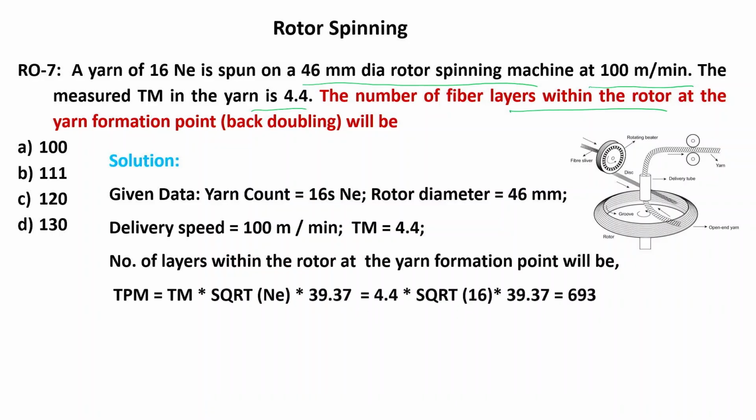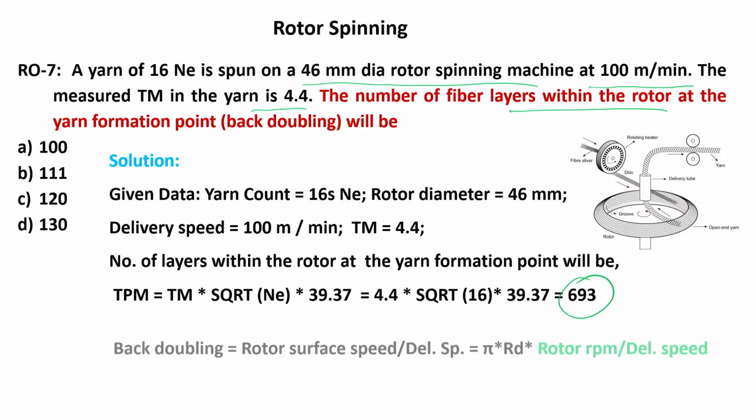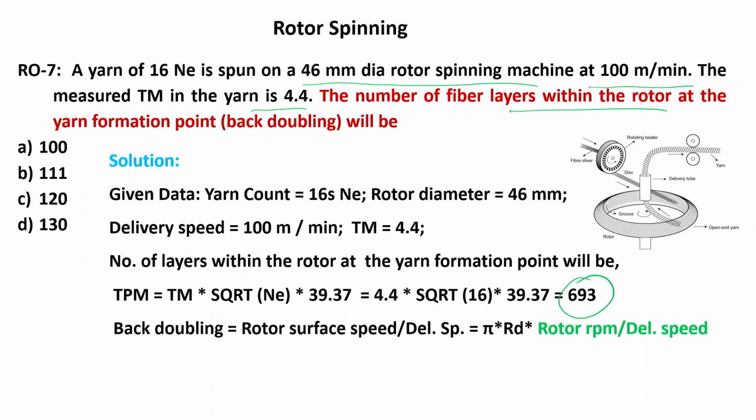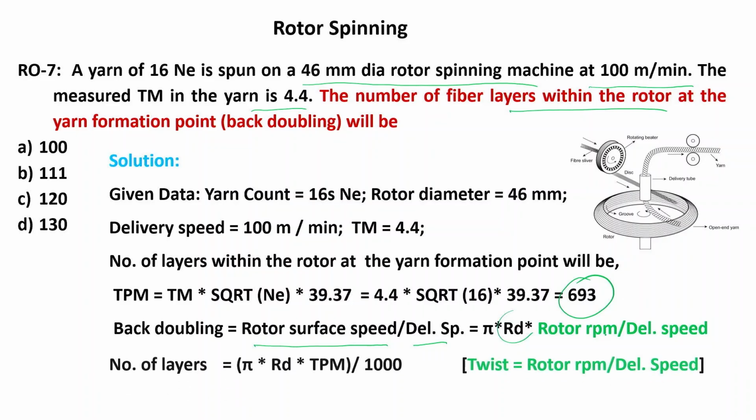So, twist per meter we have got from the given data 693, that is the twist per meter, and back doubling equal to rotor circumference speed divided by delivery speed. So, rotor circumference speed is pi rotor diameter rotor RPM divided by delivery speed.